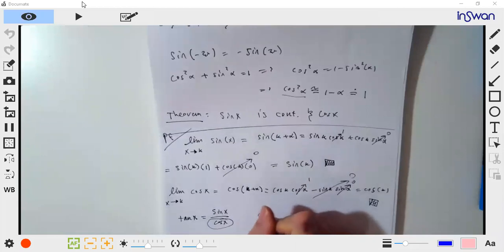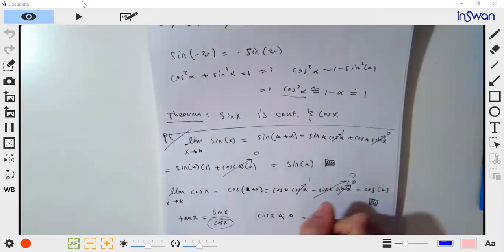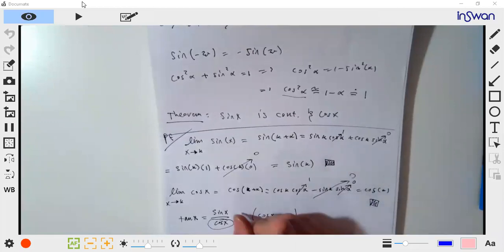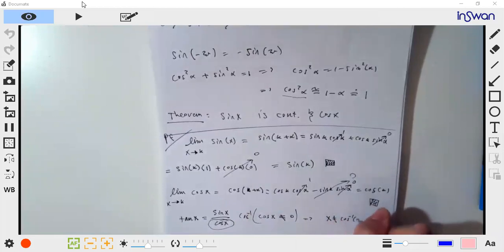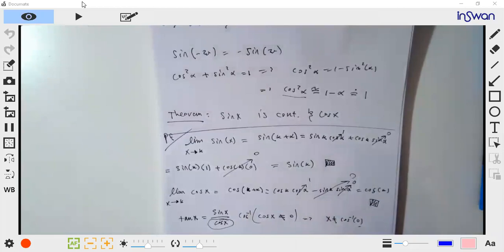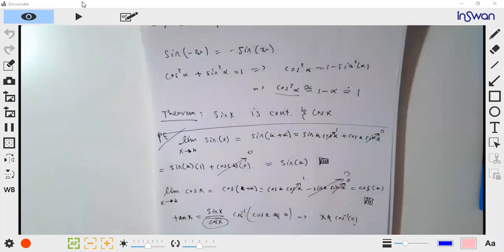So to find that domain, we want cosine of x to never equal 0, which means x cannot equal the cosine inverse of 0. The cosine inverse of 0, as you remember from trigonometry, asks: for what angles does the cosine equal 0?